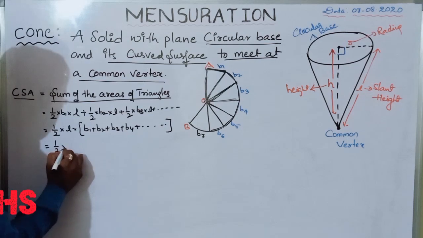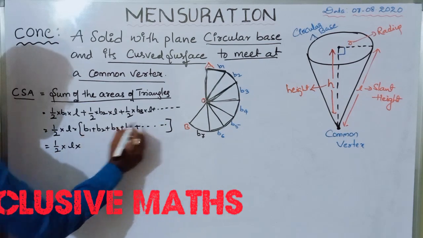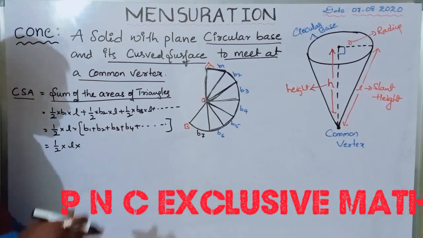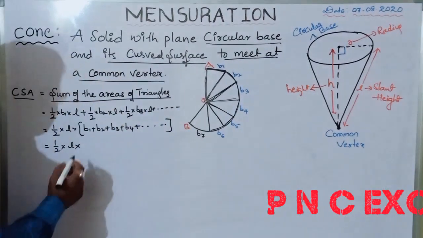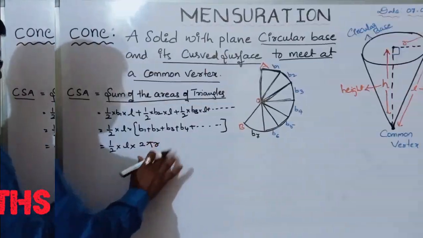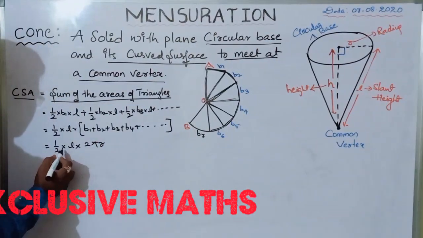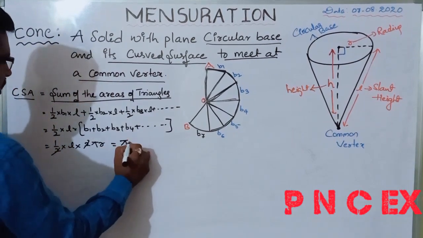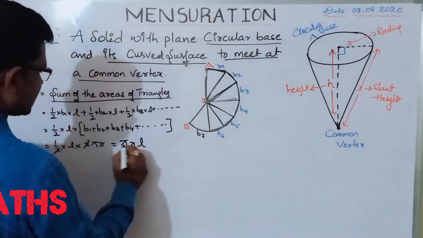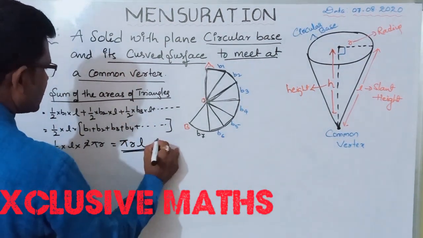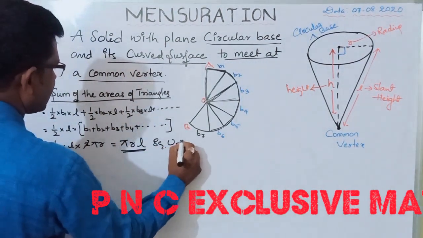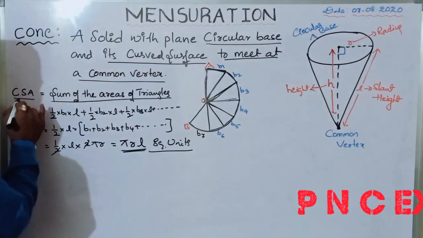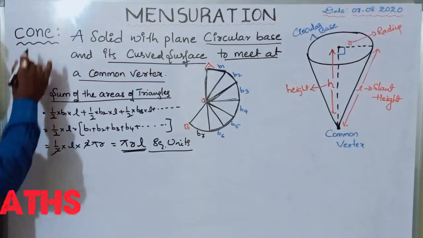So that is half into L into the circumference of a circle. We have already discussed this in the previous video: 2 pi r. Here the 2 gets cancelled. Then pi r L. So it is pi r L square units. This is the curved surface area of a cone.